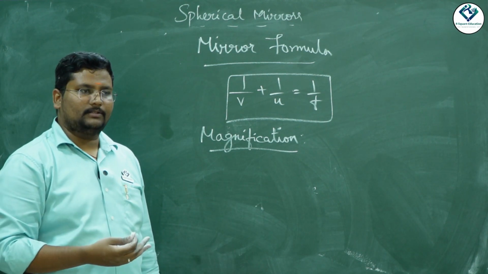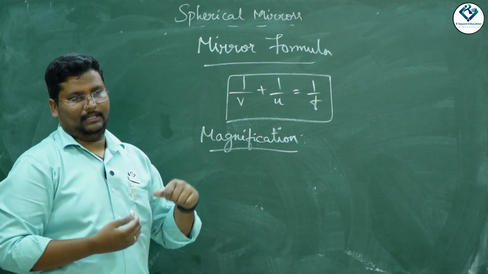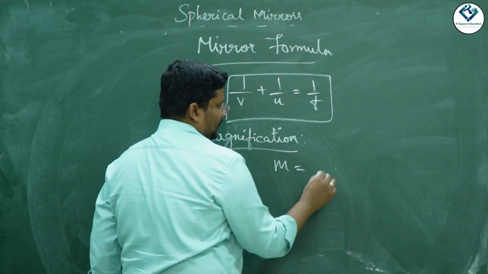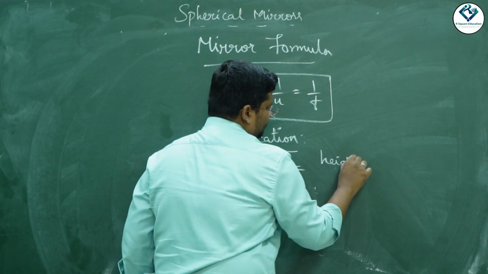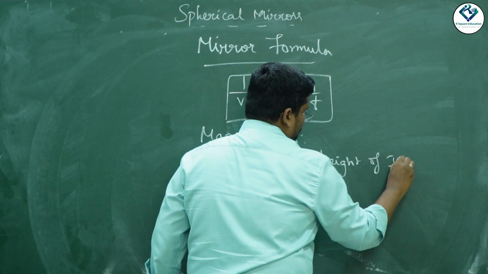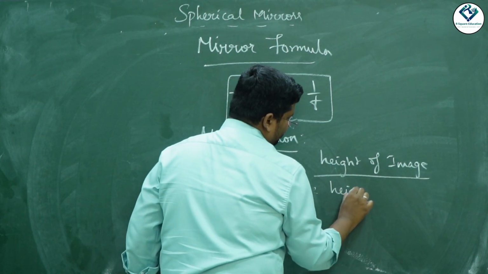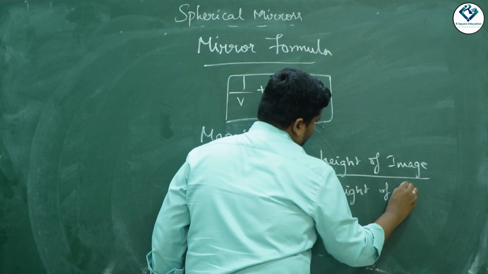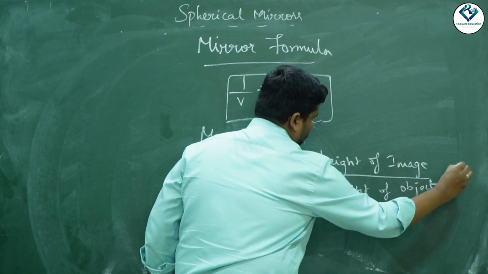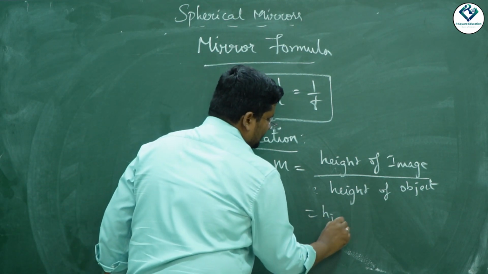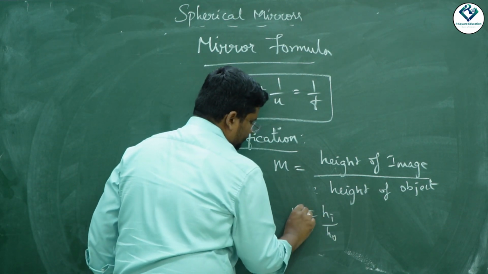The size of the images is always denoted with respect to magnification. So magnification is nothing but the height of the image to that of the height of the object. Right? So basically we consider it as hi by ho.